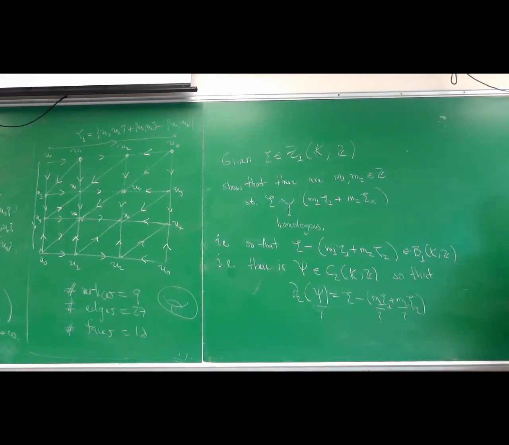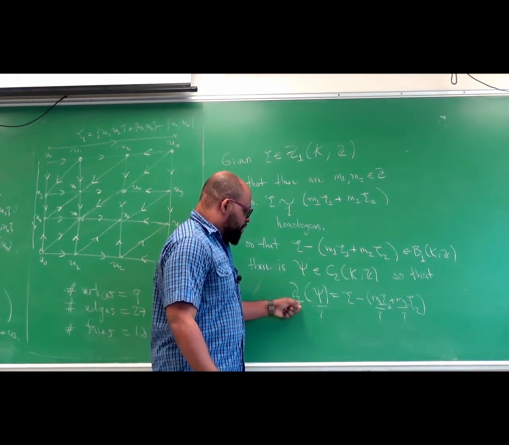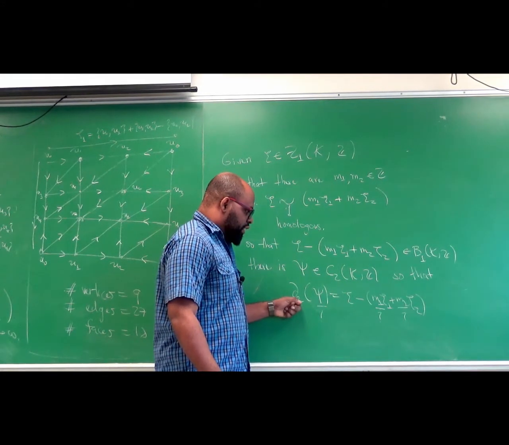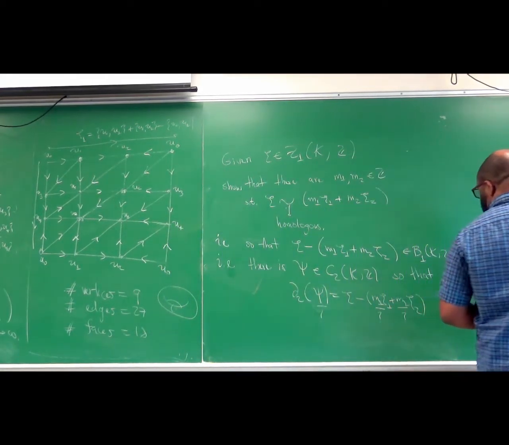in matrix form, right? We know that we can represent these boundary maps as matrices, and these guys as vectors. So essentially, we're looking at a problem that looks like this.